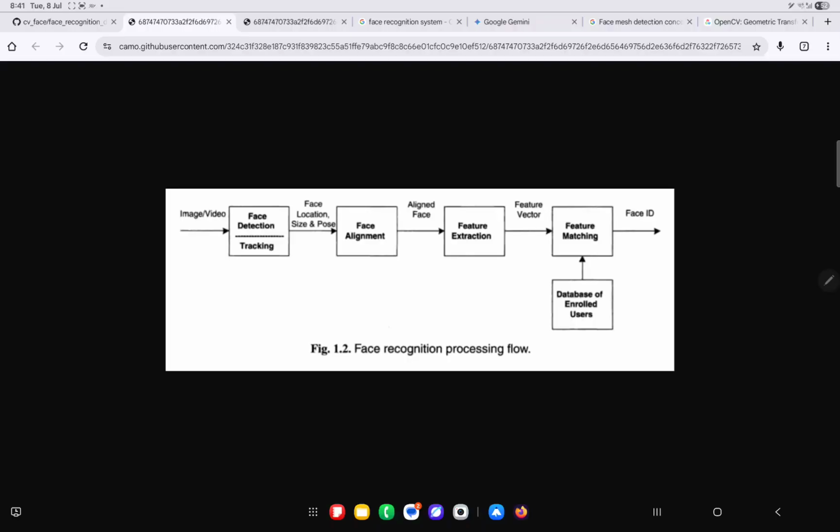If the similarity is less than that threshold, we say there is no match. This is true for both identification and verification. Only the accuracy of the results changes.